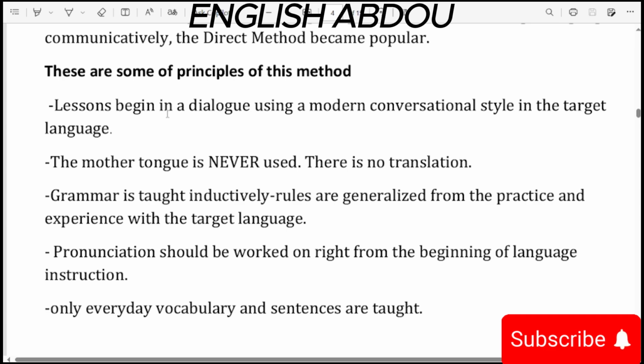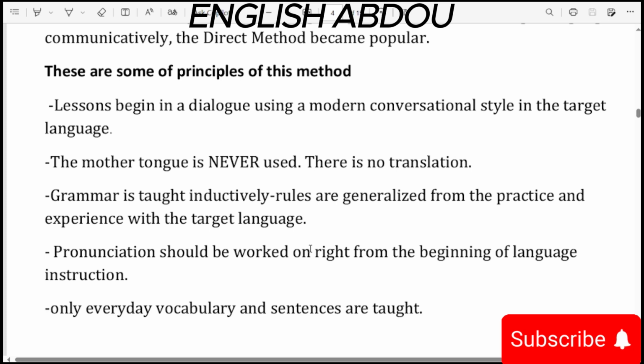This means that it gives dialogues and students will read the dialogues loudly in order to improve their pronunciation. Pronunciation should be worked on right from the beginning of a language instruction, because students start instruction from the beginning.